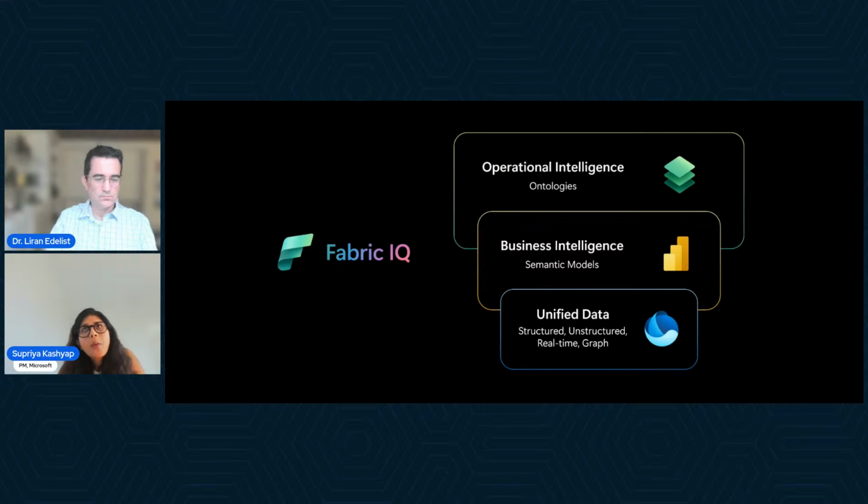And now you have operational intelligence coming in through ontologies. So we have these 3 layers delivering the semantic and AI intelligence layers, and they provide business meaning to your data. This could be structured, unstructured, real-time, graph, any kind of data, anything and everything that is stored in OneLake. So OneLake is the data foundation.